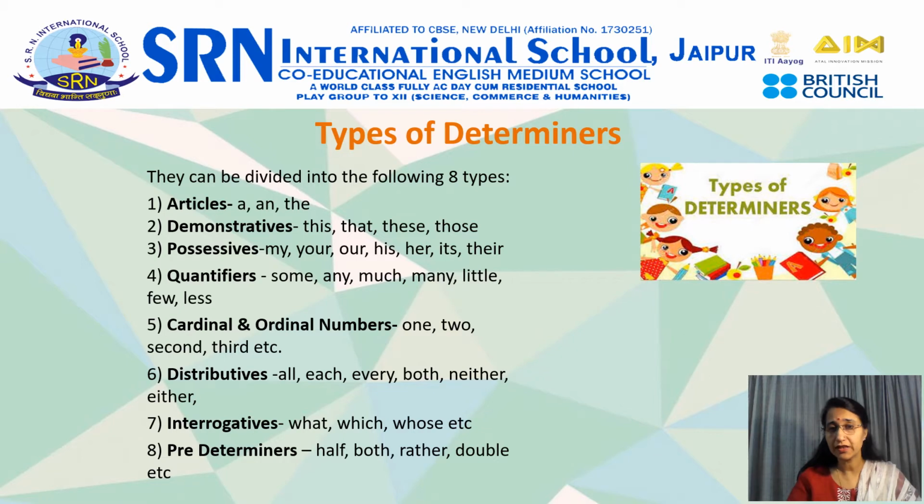Then we have possessives, when you talk about possession or ownership. Then quantifiers, which specifically highlight the quantity. Then cardinal and ordinal numbers, distributives, interrogatives, and predeterminers. So these are the 8 different types of determiners.